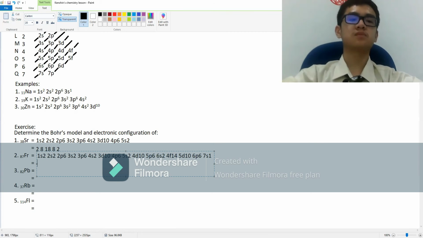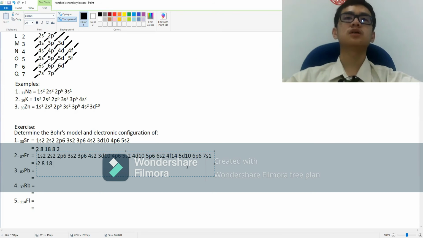Now we tally up the shells. First shell we have 2, second shell we have 8, third shell we have 18, fourth shell we have 2 plus 6 plus 10 plus 14. Now it's 32. Fifth shell we have 2 plus 6 plus 10.